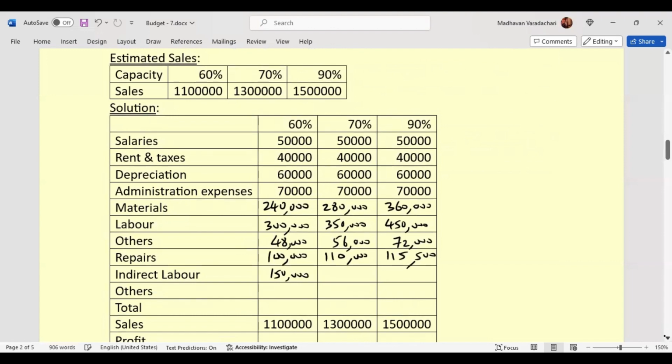Then there will be a 10% increase for the next capacity. Then there will be a further 5% increase.